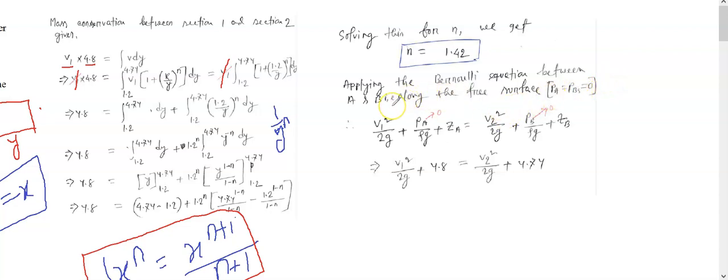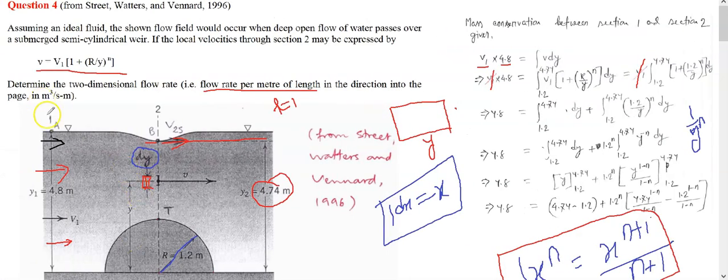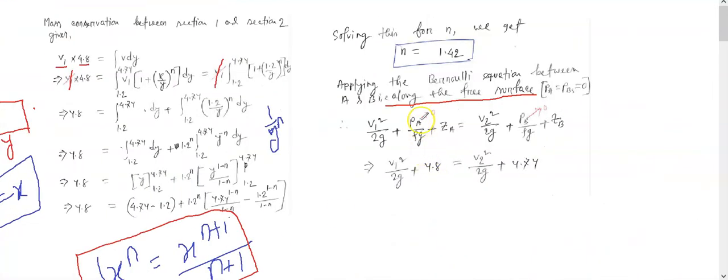When we apply the Bernoulli principle along the free surface, the pressure for section A and section B will be 0. That means you can remove these two terms. The velocity v1 we will calculate, and we actually know the velocity profile for v2.